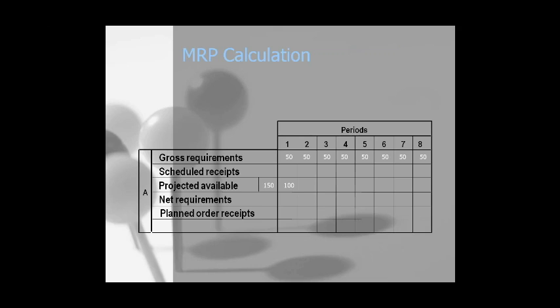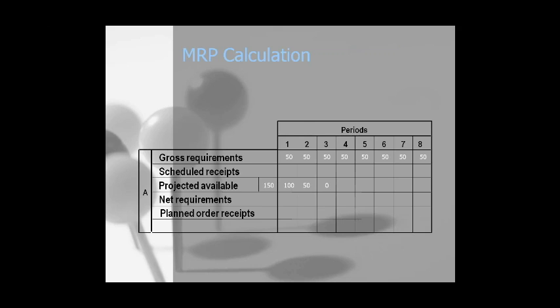That same calculation is done throughout the remainder of the scheduling periods here. Period 2, our projected available balance at the end of the first period is 100. We don't have any receipts scheduled, minus the gross requirements of 50. That would leave us a projected available balance at the end of period 2 of 50 pieces. At the end of period 3, our inventory would be 0.